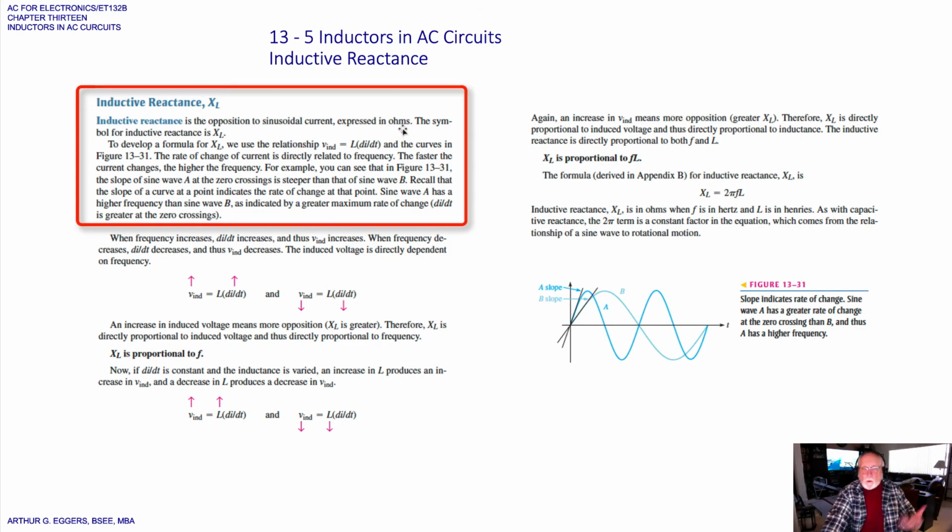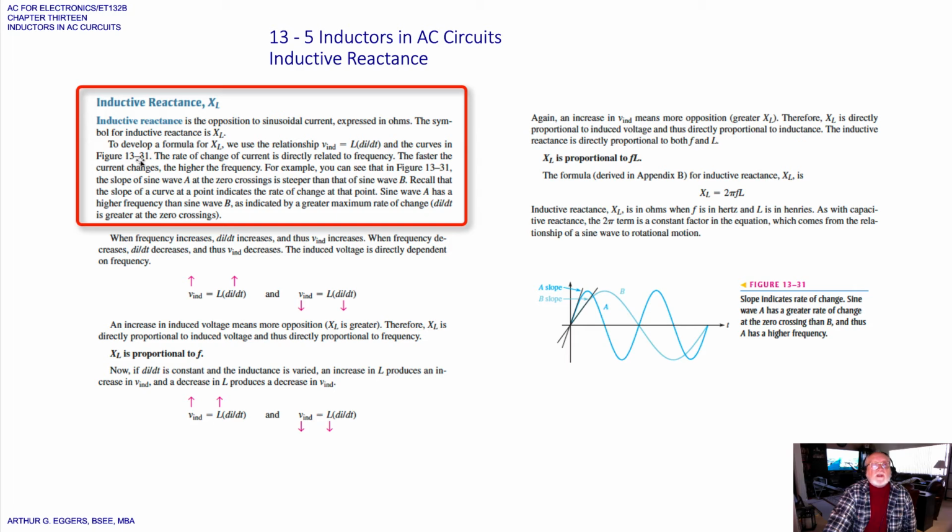This is what we need when we develop our relationships and mathematical analyses. Everything has to be in the same unit, so it is transformed through inductive reactance to ohms. The symbol for inductive reactance is X sub L. To develop a formula for X sub L, we use the relationship that the induced voltage is equal to L di by dt.